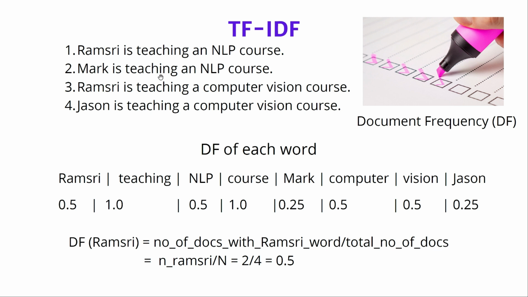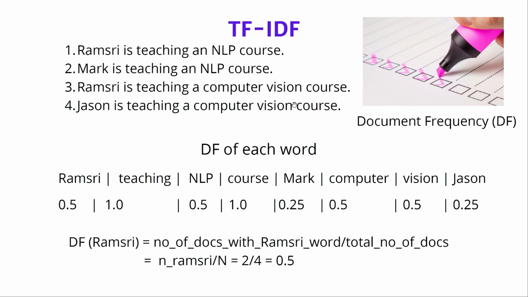And the interesting thing with term frequency and document frequency is that term frequency is calculated for every document or every sentence, whereas document frequency is calculated only once per corpus, or the collection of documents. So here we know that the document frequency of Ramsri is 2 by 4, 0.5.